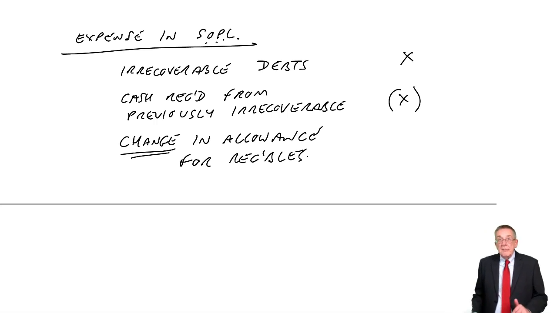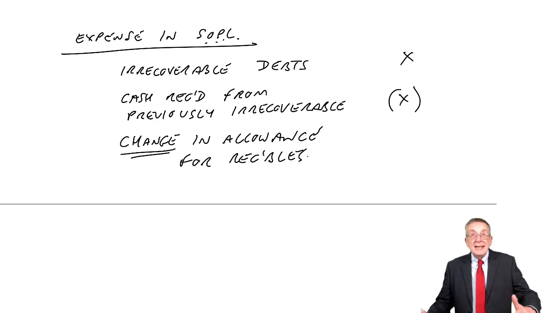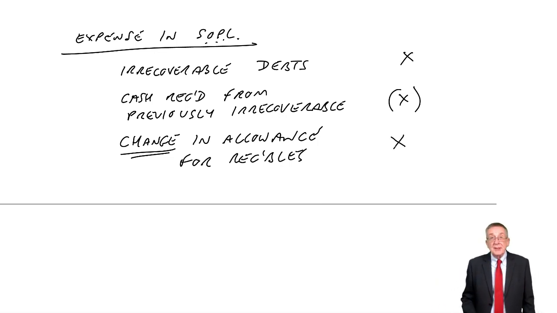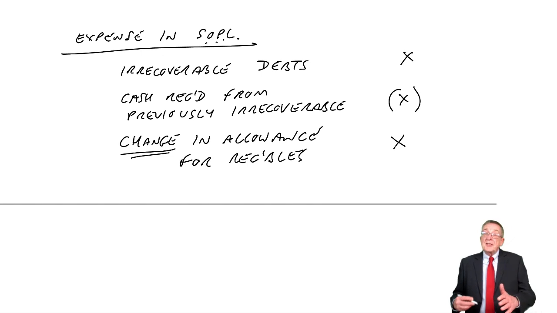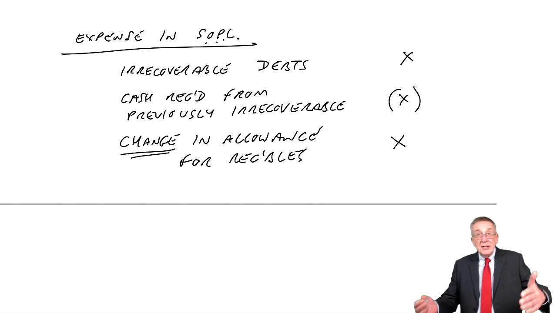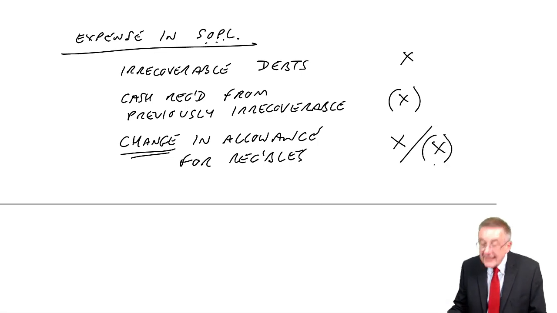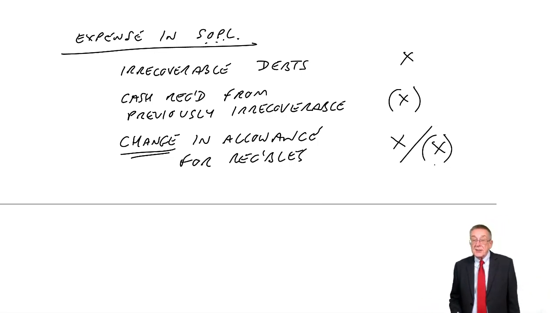And this could be either way. If the allowance for receivables is increasing, there's an extra expense. If, as in our example, the allowance for receivables is reducing, then it's a negative expense, it's a saving.